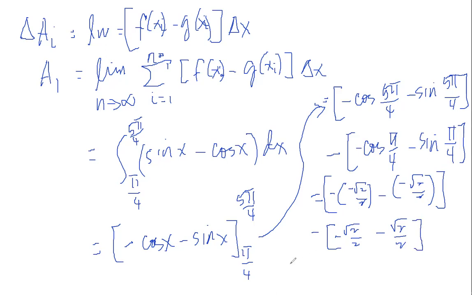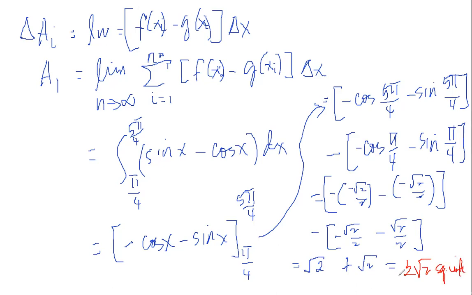Okay, so let's simplify this one. So this becomes negative, positive, positive, so square root of 2 and plus square root of 2. So square root of 2 plus square root of 2 is 2 square root of 2 square units.